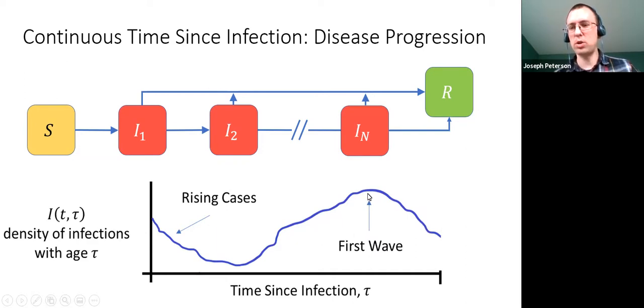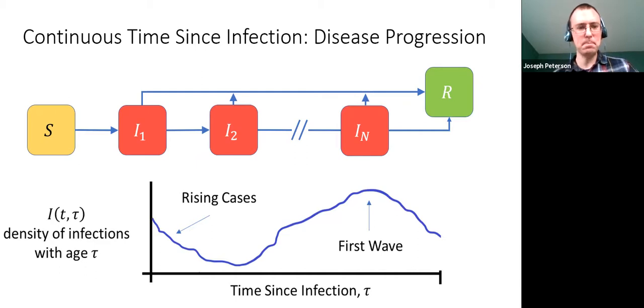So if you had a first wave of the disease and then rising cases at some time later, what you would see is that old infections dating to the first wave have a high time since infection, and then the newer cases have a lower time since infection, and a negative slope on this curve represents rising cases, for example.